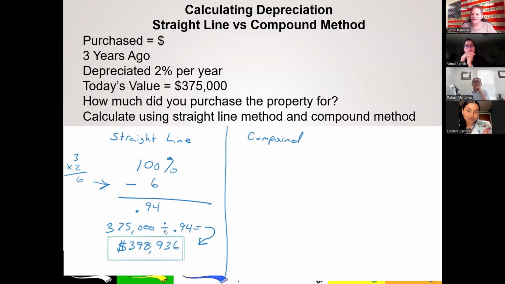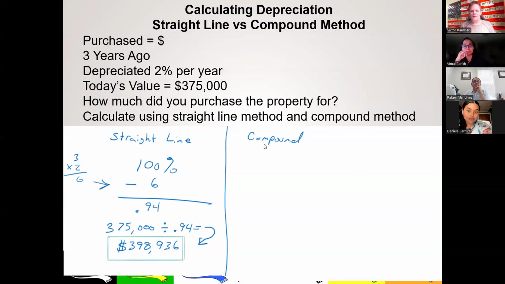We divided that because we're trying to figure out how much we purchased it for. We're trying to find a value in the past. So we divided by 0.94 and we got 398,936. Did you guys get that? And if you didn't, did you figure out why? That's the important part. If you didn't get it, that's fine, just as long as you can figure out why you got it wrong.